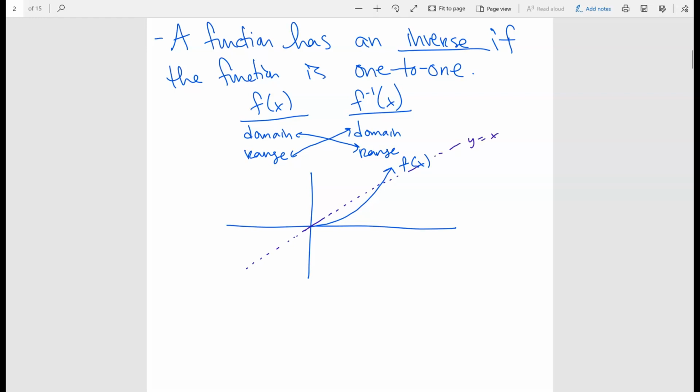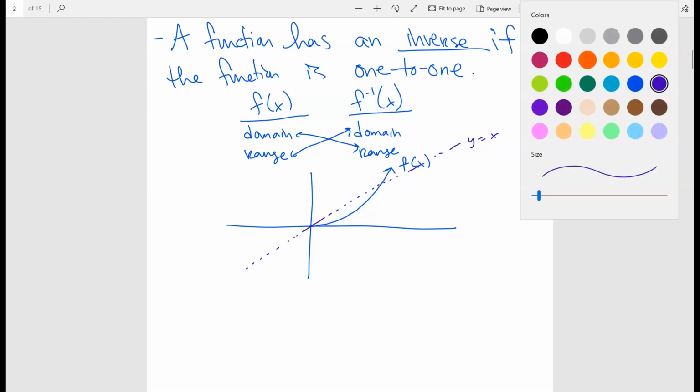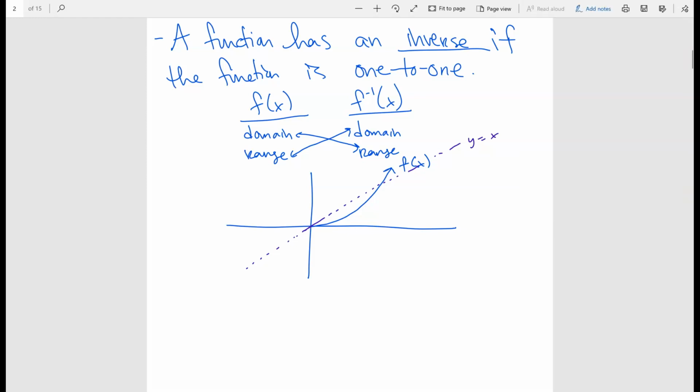The inverse function is basically going to be a mirror image of this thing. So it kind of looks like that. So this guy is the inverse function. You changed all the x's and the y's. So these are just reflections of each other, a reflection about y equals x.